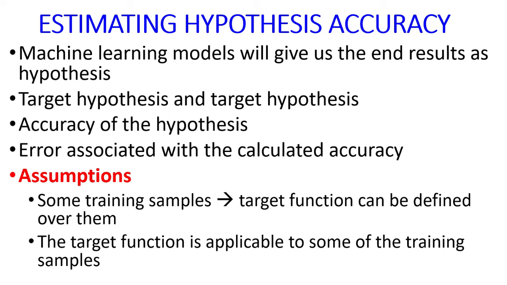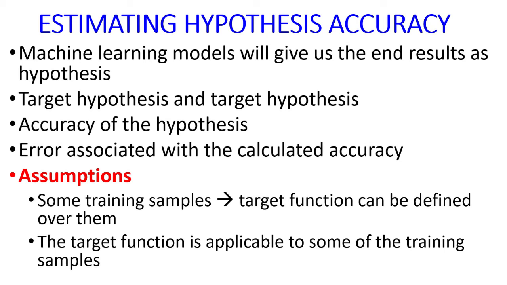Some training samples out of all training space are such that our target function can be defined over them. What do we mean by target function? Target functions are ones which convert the given input to the expected output.